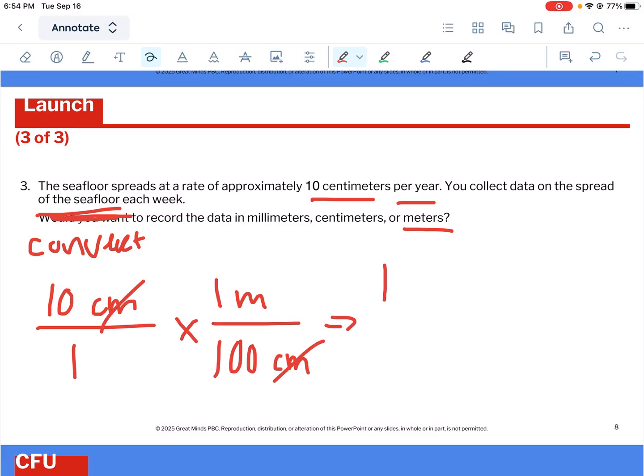That'll give us 10 meters over 100. Cross out a 0 just to simplify that really quickly. That gives us 1 over 10 meters, i.e. 1/10. If I put that in decimal form, that's just 0.1 meters.